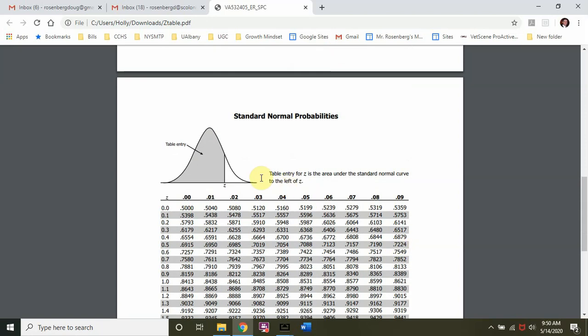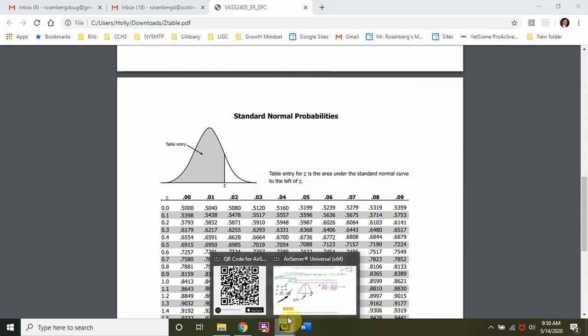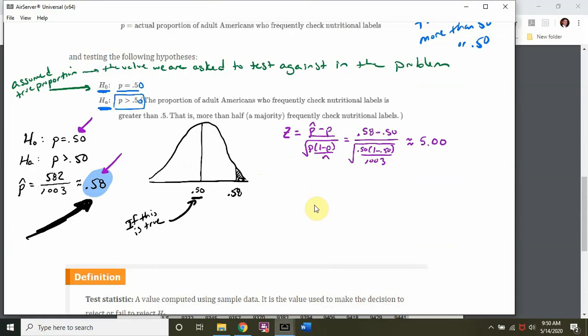So a z-score of like 3.5 would probably be right here, and we've covered just about 100% of the data. So what's left to the right of it? No percent of the data. A z-score of 5 is going to be way up here, and even less data would be past it. So again, we're getting a probability of basically 0 for this problem. So what does that mean?